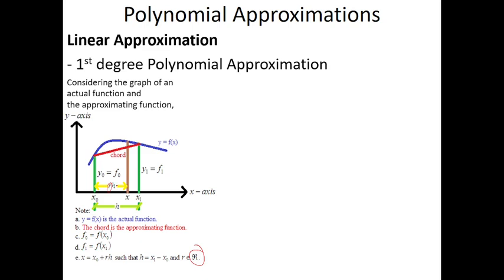Since it is less than h, we are expecting that r, between x sub 0 and x sub 1, is a decimal number. That is our expectation. It is a decimal number between x sub 0 and x sub 1. So we now proceed.